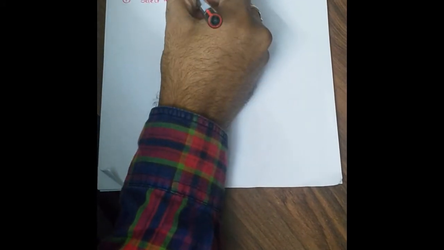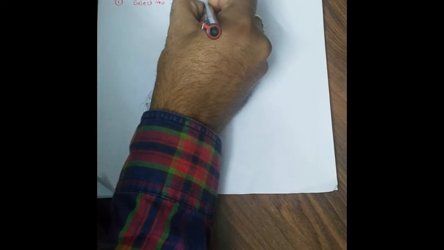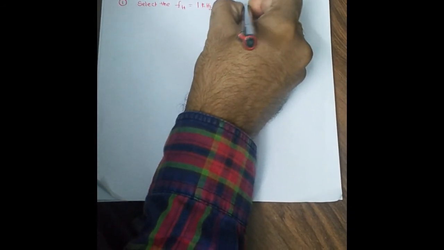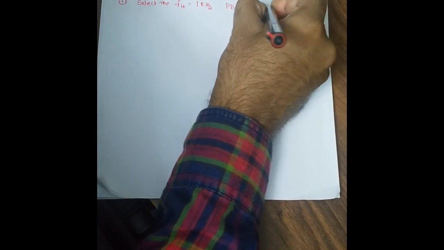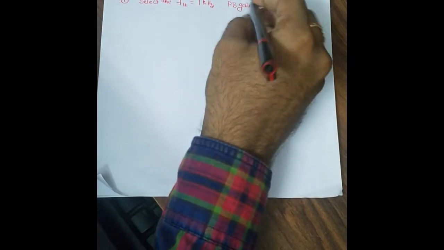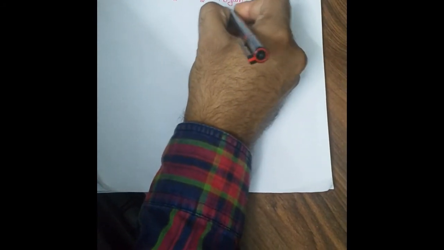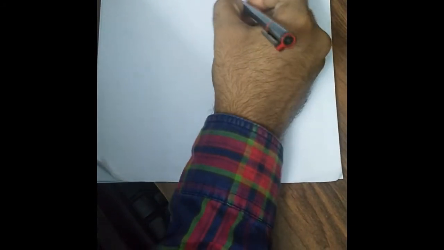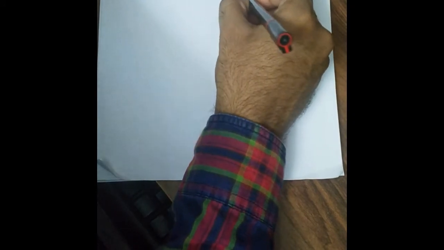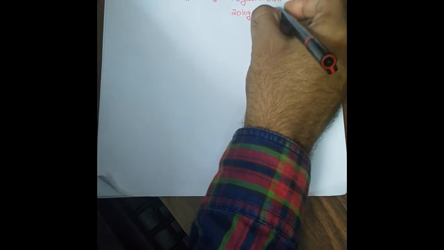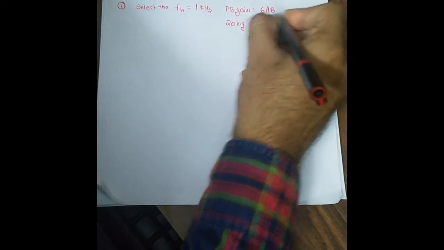I am selecting it as 1 kHz, for the corresponding pass band gain of 6 dB. Since it is in dB, I am writing it as 20 log AF equal to 6 dB.